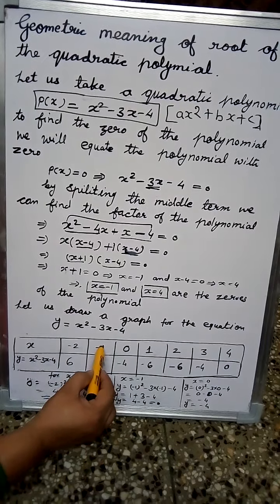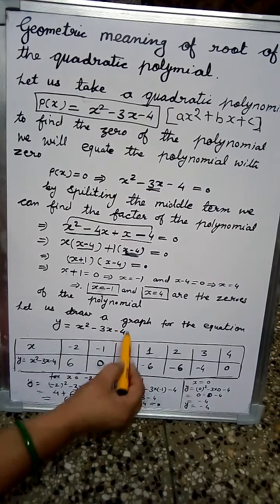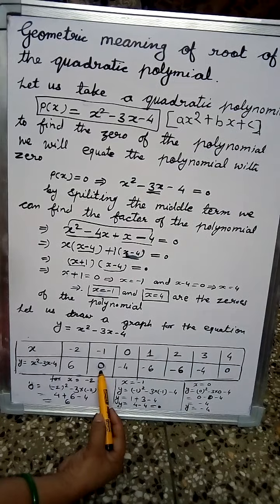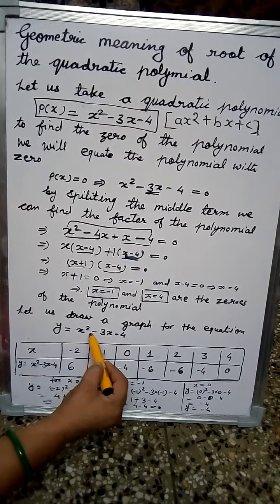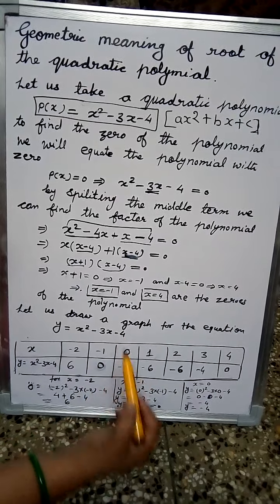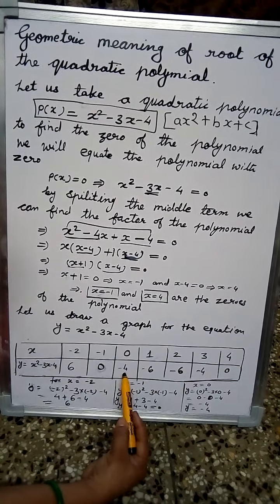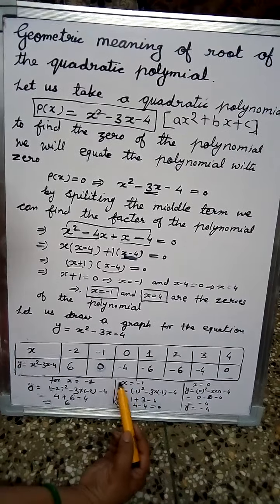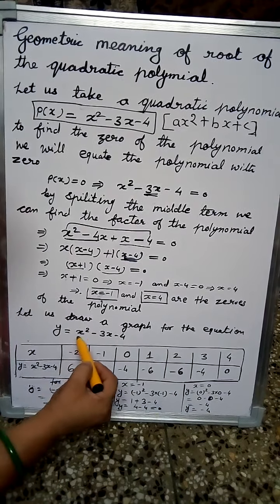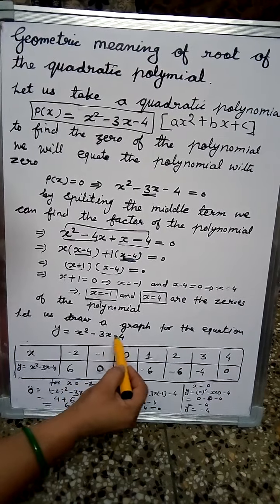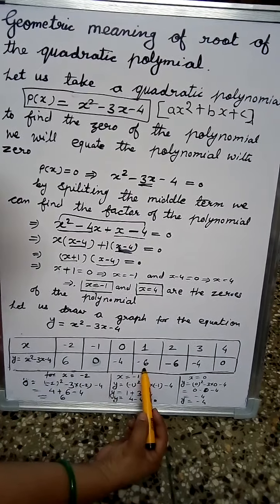When we put x is equal to minus 1 in the polynomial, we get y is equal to 0. When we put x is equal to 0, we get y is equal to minus 4. When we put x is equal to 1 in y is equal to x square minus 3x minus 4, we get y is equal to minus 6.